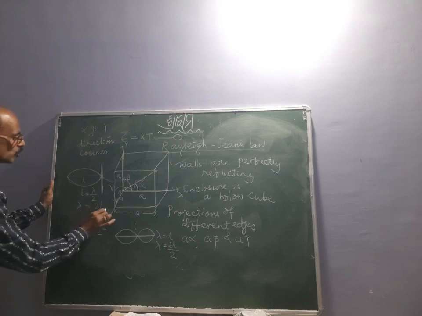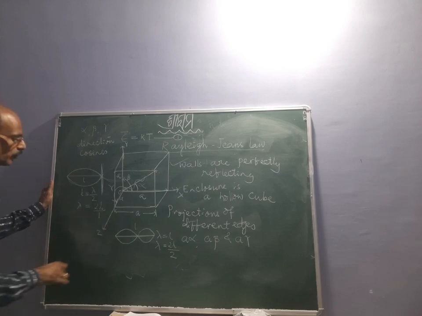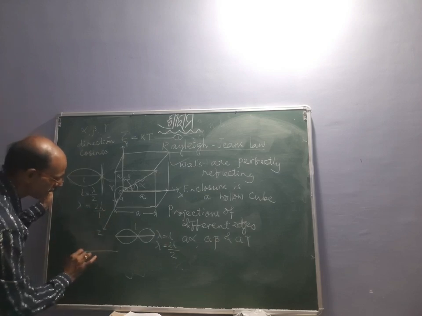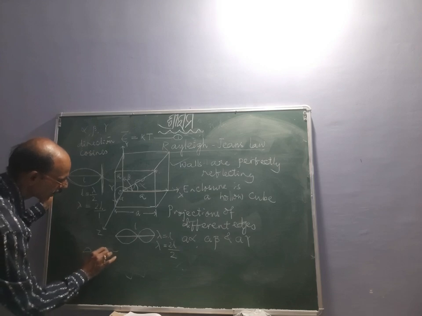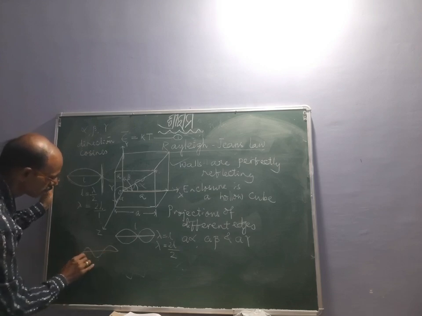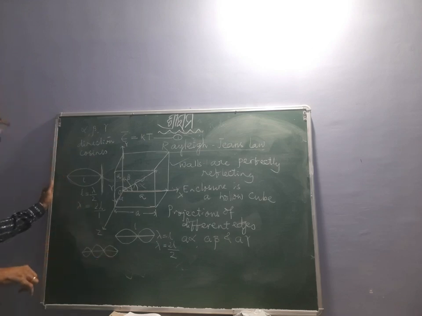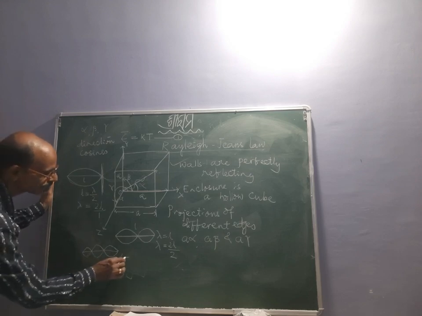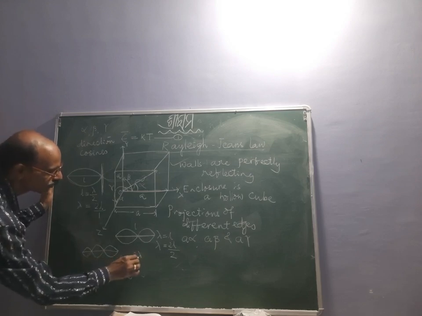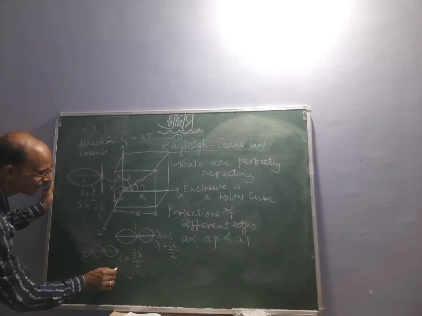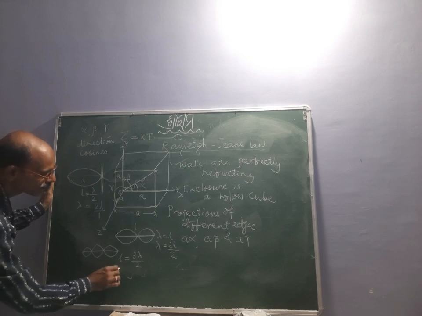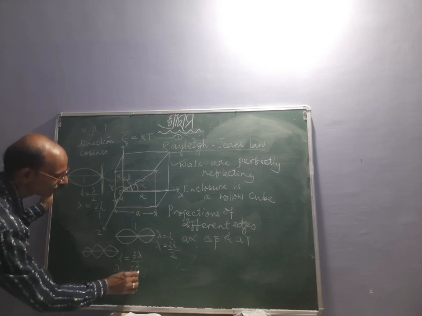Lambda is equal to 2L can be written as 2L by 1. Third mode of oscillation: lambda by 2, lambda by 2, lambda by 2, so 3 lambda by 2. So here L is equal to 3 lambda by 2, and it can be written as lambda is equal to 2L by 3.